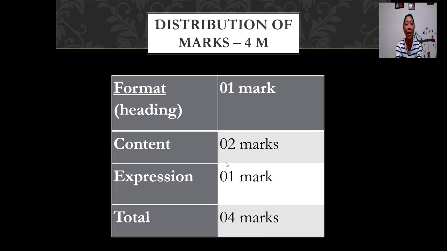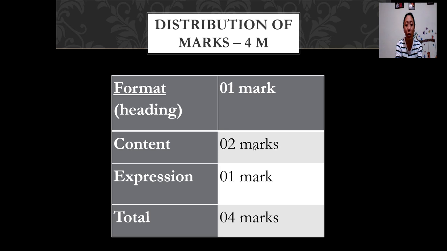Okay, now as I mentioned, it will come for 4 marks. So this is how the marks will be distributed. The first one is format. So there are certain things that you need to remember, what kind of format you need to use, and if you use the formats properly, no doubt you will get 1 mark. Okay, second one is content.